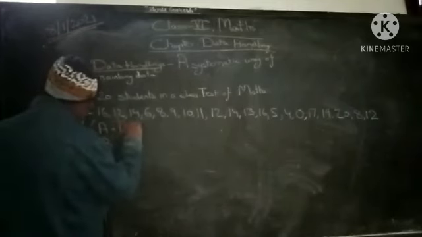Now between 6 and 10: 1, 2, 3, 4, 5. So 5 students are scoring between 6 and 10, and the number of students scoring between 0 and 5 is 1, 2, 3.